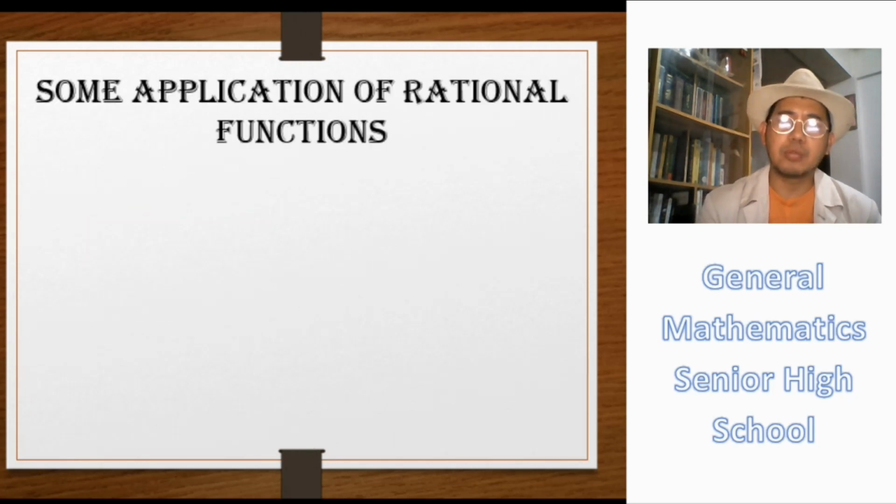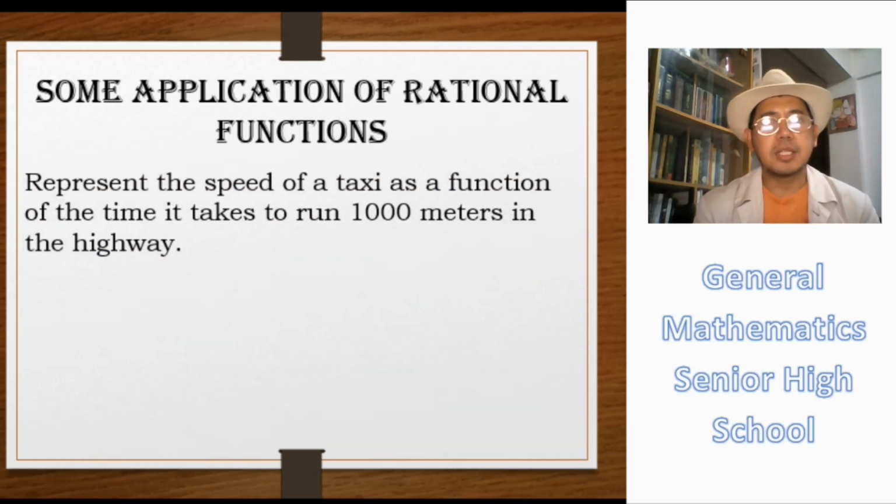Now let's try to see some application of rational functions. It says in here in the number 1 statement, represent the speed of a taxi as a function of the time it takes to run 1,000 meters in the highway.